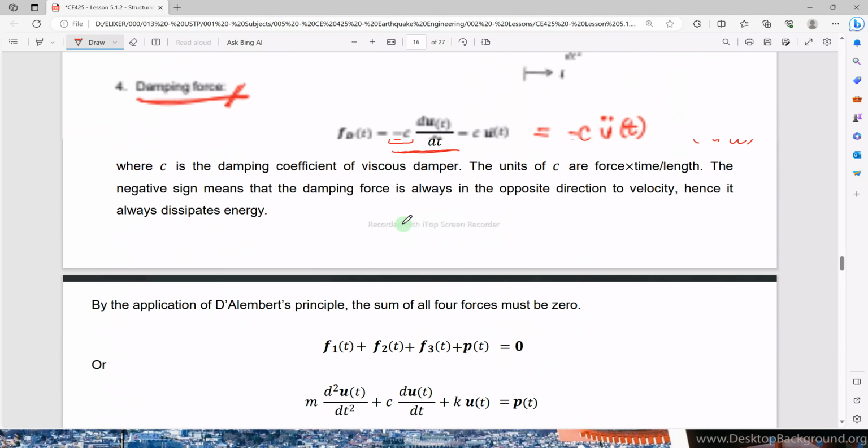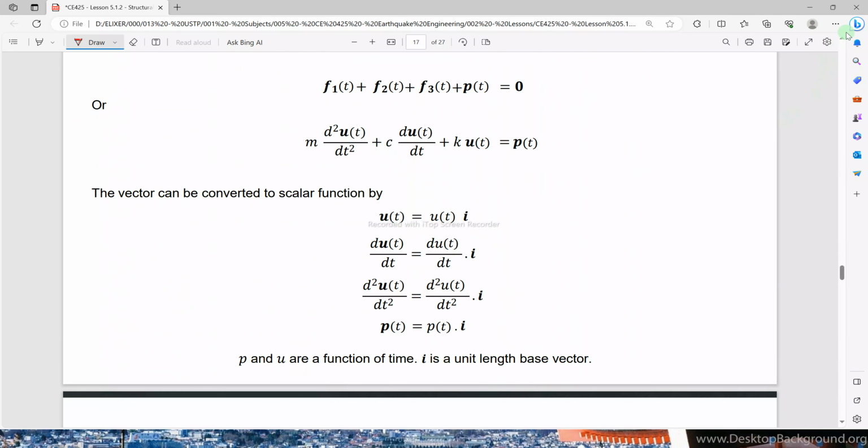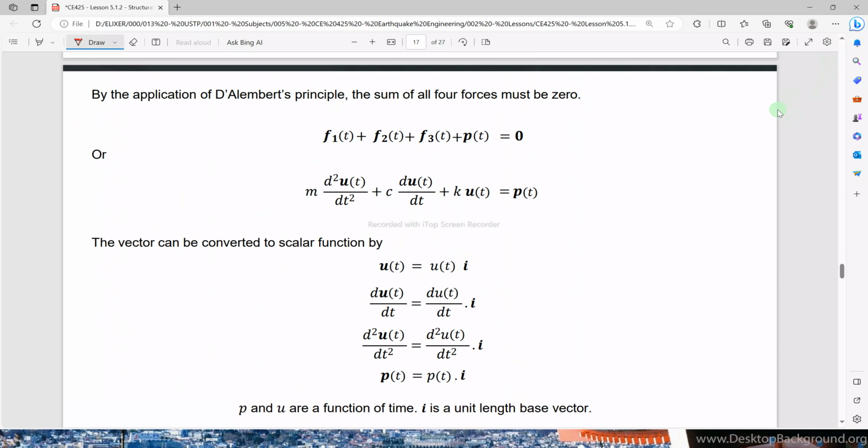So kung i-apply na to si D'Alembert's principle, di ba, we have the sum of all forces must be zero. So if kung imong mamaligdan, no, we have the dynamic force 1, 2, and 3, and then here we have the applied external dynamic force. So the sum of these four dynamic forces should be equal to a null vector.